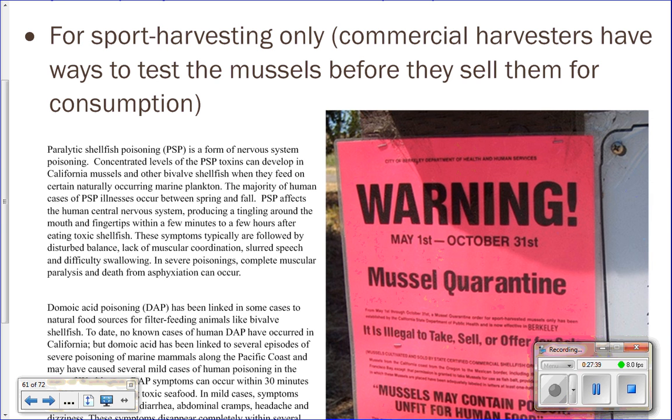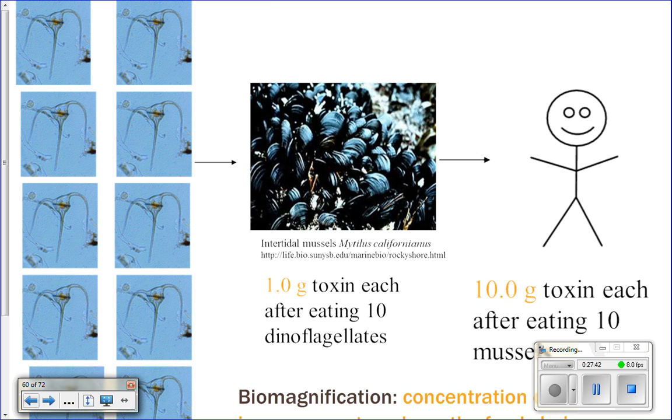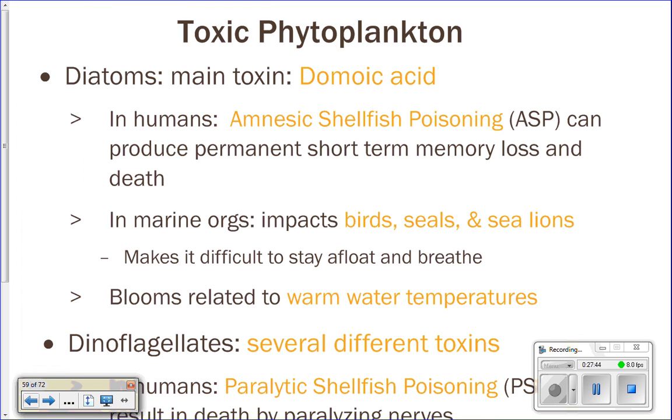Okay. So these blooms of toxic phytoplankton do affect marine animals, especially those higher in the food chain that eat things with more toxins in them because of biomagnification.